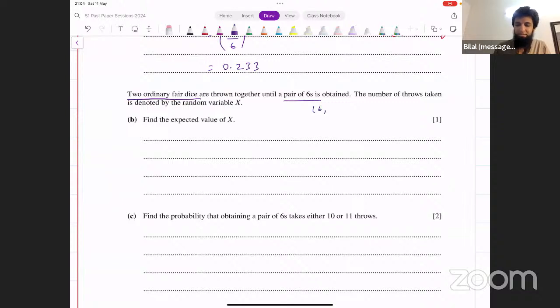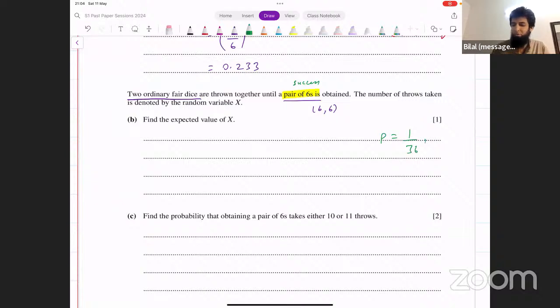The first is a 6, the second is a 6. What's the probability of success? This is what we're calling success now. Getting a pair of 6s, this is success. The total number of possible outcomes is 36, right? Probability of success, a pair of 6s, is 1 out of those 36 outcomes. So success probability would be 1 out of 36.